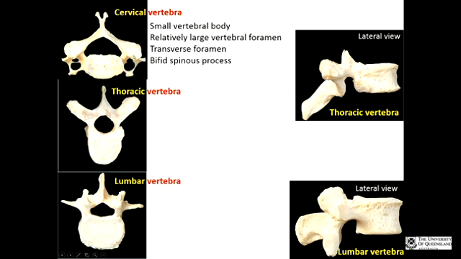There are also these transverse foramen, one on each side of the vertebra, for passage of the vertebral arteries. And you might remember Phil Hughes as a cricketer who died, unfortunately, under tragic circumstances not so long ago.